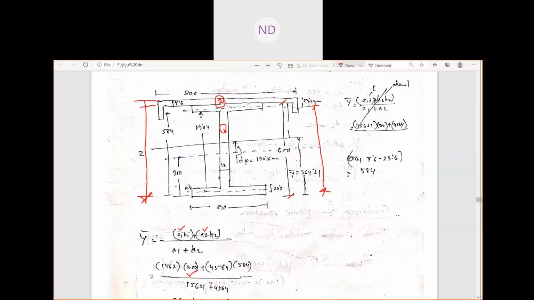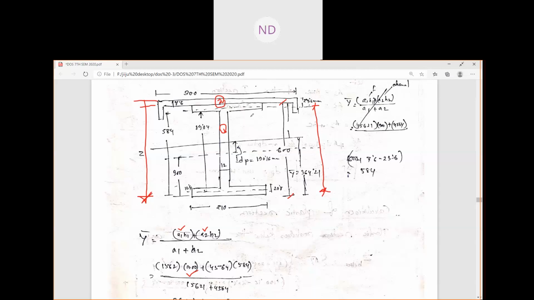I mean to say, your y2 will be 600 plus 7.6 minus 23.6. So that will give you how much? This is y2.